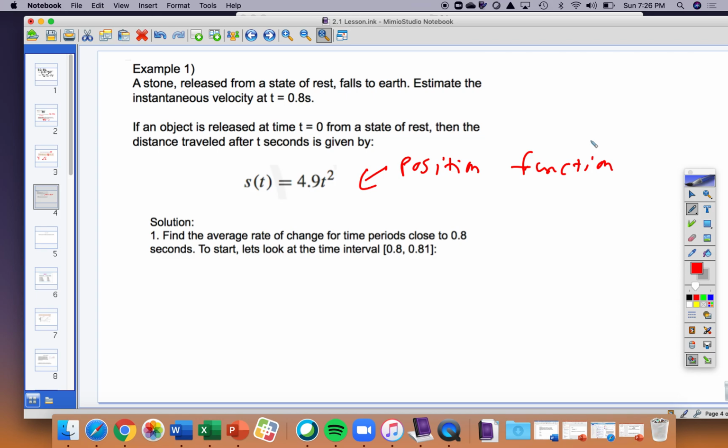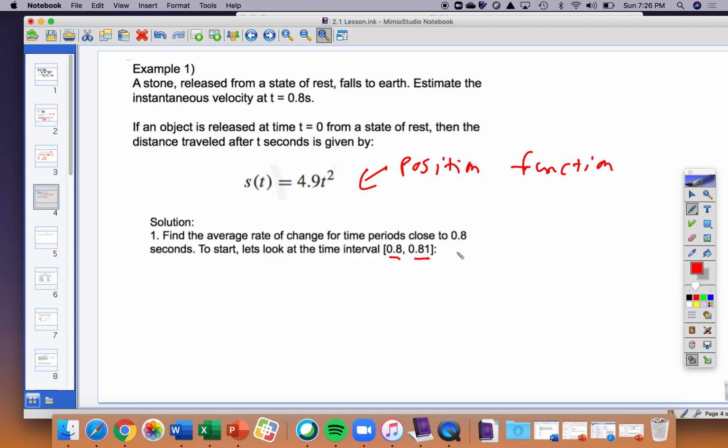Now we said that we can't find instantaneous velocity because that means my denominator would be 0. So instead, let's have another idea. Let's find the average velocity, which we can find, between two very close points. Instead of looking at just 0.8 seconds, let's find the velocity between 0.8 seconds and 0.81 seconds.